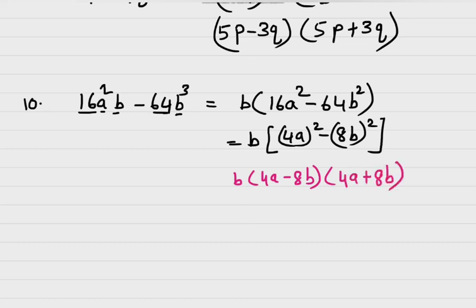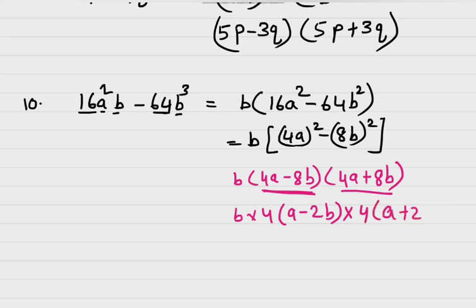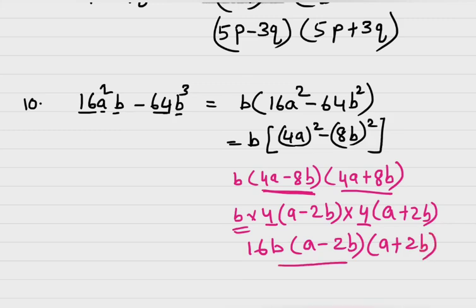Children, if you want, you can take out 4 common from both. If you take out 4 common from here, you will get a minus 2b, and again if you take out 4 common, you will get a plus 2b. So see, 4 into 4, that will be 16, and b is there, so 16b into a minus 2b into a plus 2b. Okay, so this will be the answer for 16a square b minus 64b cube.